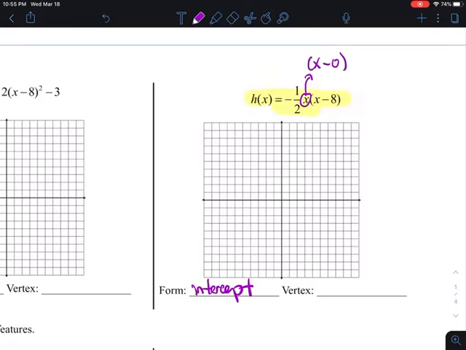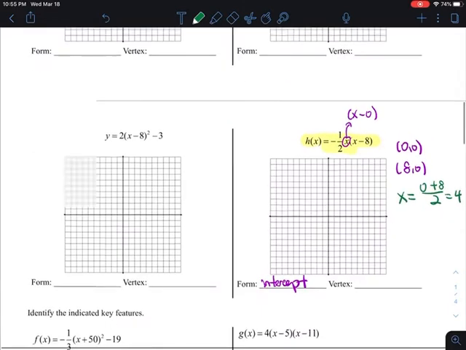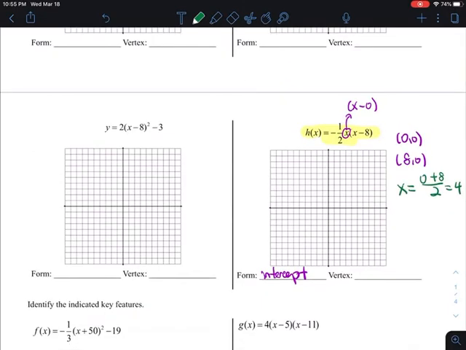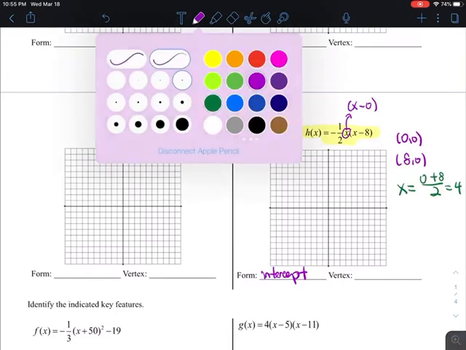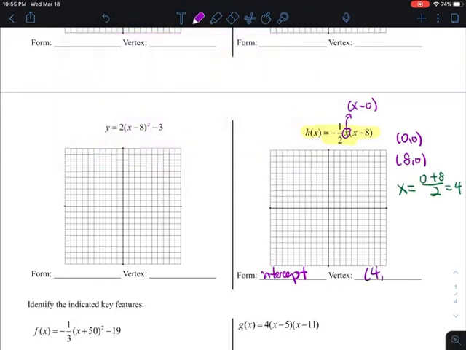Because if you think about it that way, then our x-intercepts will be at (0, 0) and (8, 0). And then to help us find the axis of symmetry, let's add up those values. 0 plus 8 over 2 is 4. So then our x value of the vertex is 4.